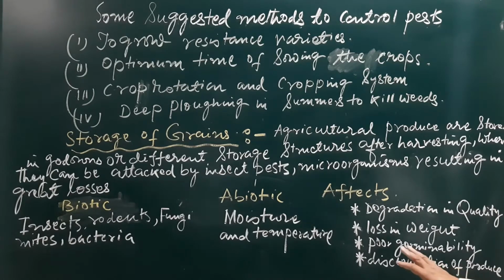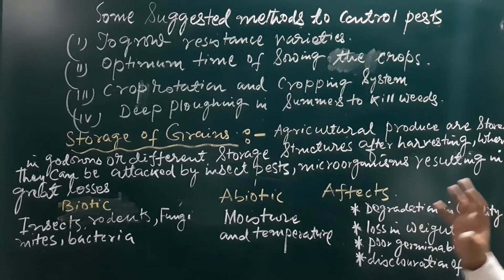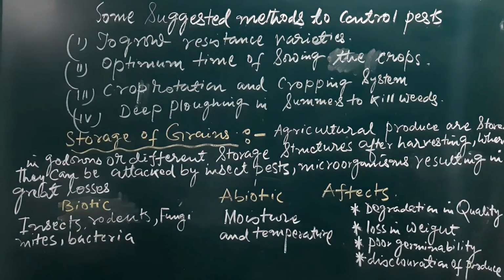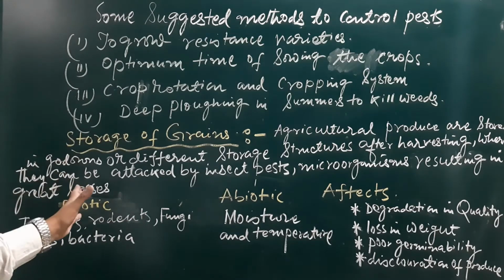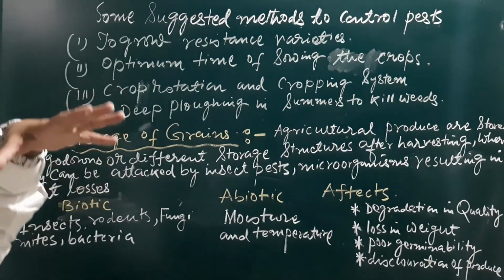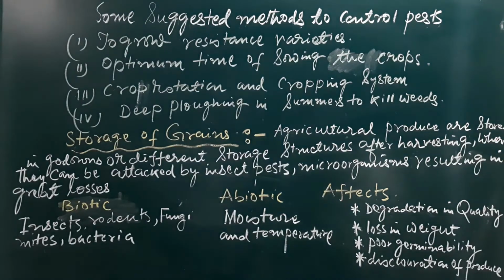That is why we must adopt some measures to prevent the damage of grains in the storage houses, the different storage structures where grain can be stored for future utilization or for marketing. What are those few measures that will be taken for the protection of grains in the storage places?